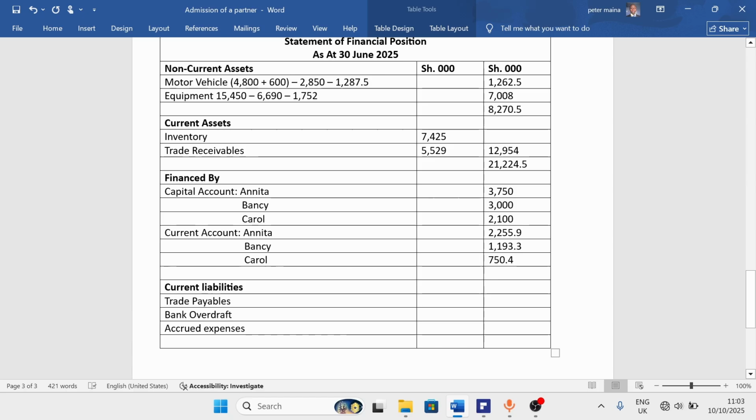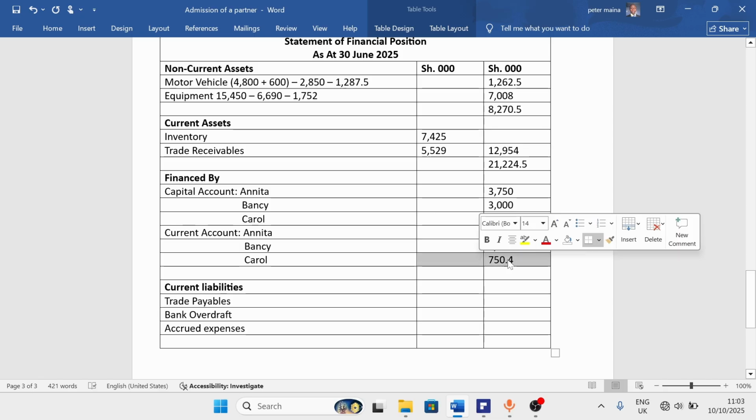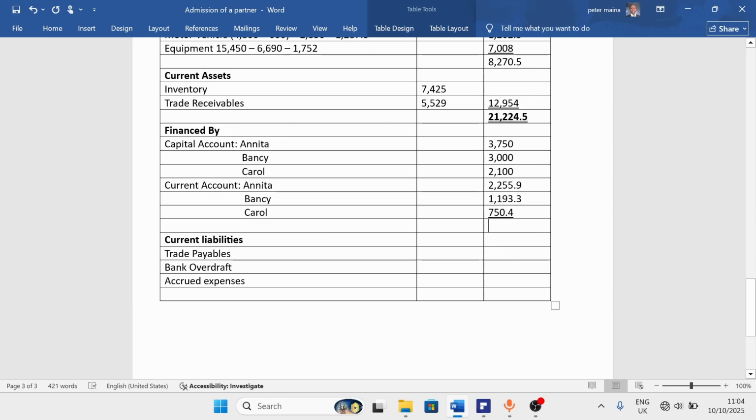Next, we go to current liabilities, but before that, let us find the totals. So the total is going to be, take 3750, you add 3,000, you add 2,100, you add 2255.9, you add 1193.3, you add 750.4.